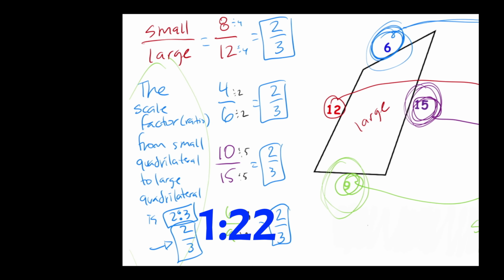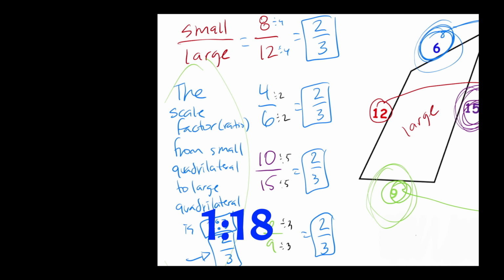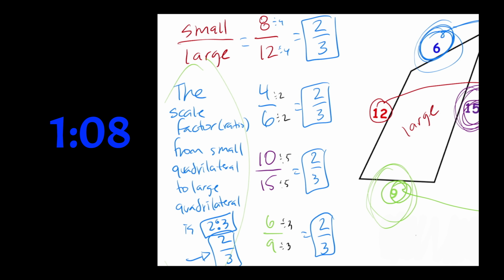So somebody wants me to zoom in on this one first, and then I'll zoom in on the other one. That's fine. The blue says the scale factor ratio from small quadrilateral to large quadrilateral is 2 to 3 or 2/3. You still can't see it? Or did I write sloppy? I can write it neater if you want me to.